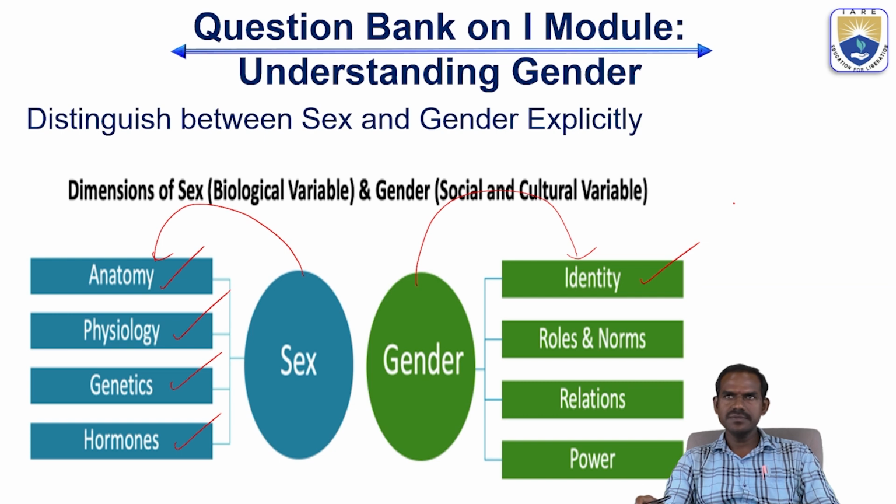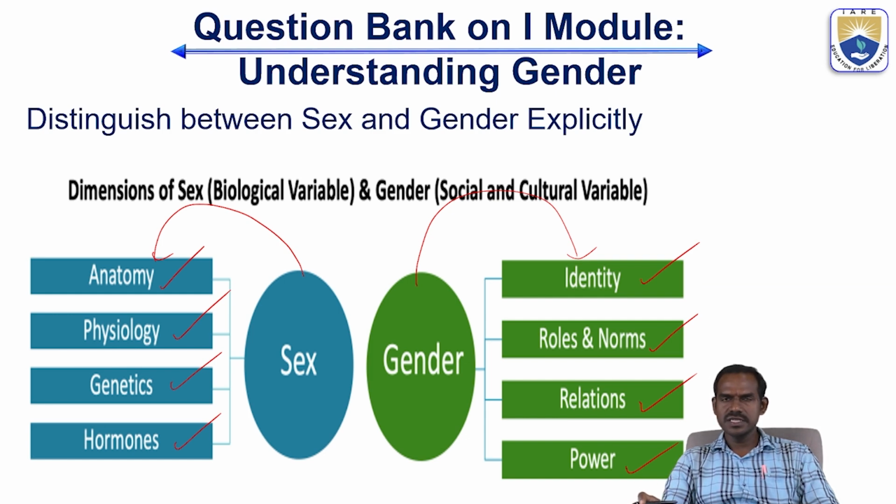Identity in the society, roles and norms, what he is acting or doing, and the relations and the power in the society. These things are the gender related terms. Anatomy, physiology, genetics, and hormones are the sex related terms. Identity, roles and norms, relations, and power are the gender related terms.